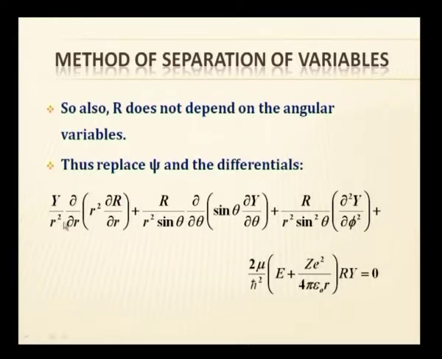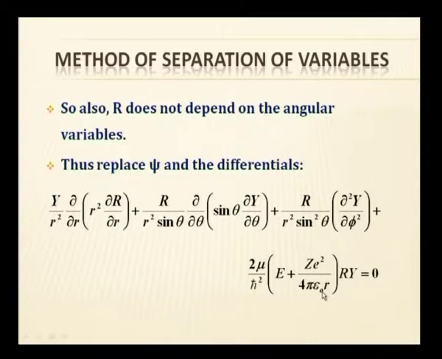So, you have the equation in this form: Y divided by r square dou by dou r of r square dR by dr, plus R by r square sin theta dou by dou theta of sin theta dou Y by dou theta, Y is the angular part, right, plus R by r square sin square theta into dou square Y by dou phi square, plus 2 mu, that is the reduced mass of the electron, divided by h bar square into E, E is the eigenvalue, plus z e square by 4 pi epsilon naught.